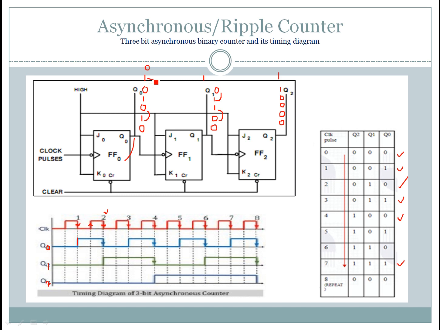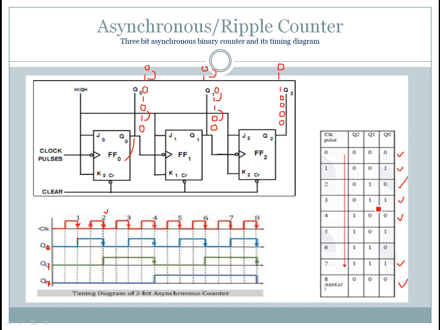So now here 1 to 0 is nothing but a negative edge, so this FF1 also changes its state from 1 to 0, and again 1 to 0 is a negative edge, hence this FF2 output also changes its state from 1 to 0, hence we'll get the output 0 0 0, that is the very first state.